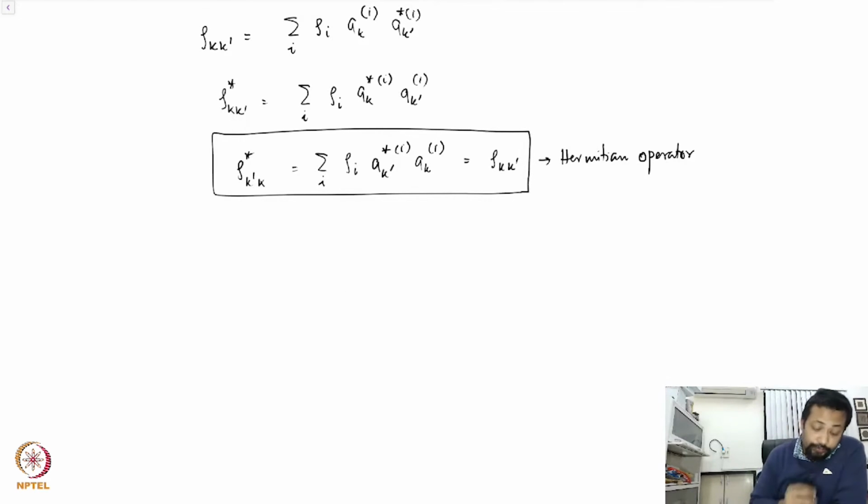So now we want to discuss the time evolution of the density operator, and we will start off with this expression. For this we will write down the density matrix as the sum over i of rho i, psi i, psi i, in the simplest of its form.